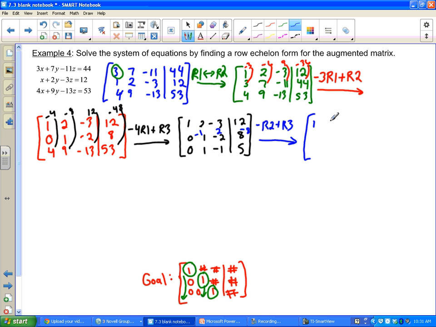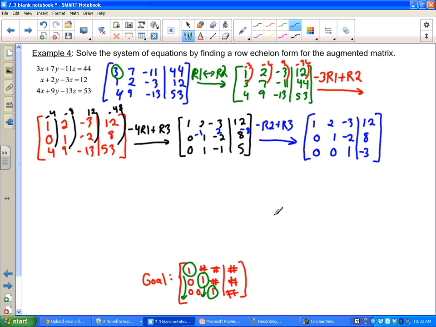Only the third row is changing because we're just using row 2, we're not actually changing it. So -1 plus 1 is 0, 2 minus 1 is 1, -8 plus 5 is -3, and close our bracket. So we're done with the second column because we've got a 1 and a 0.